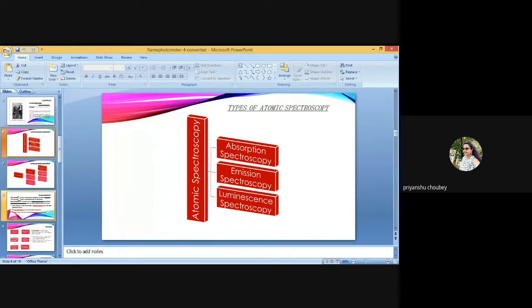Use lamp current recommended by the lamp manufacturer. Select the desirable wavelength and the band pass or slit width.